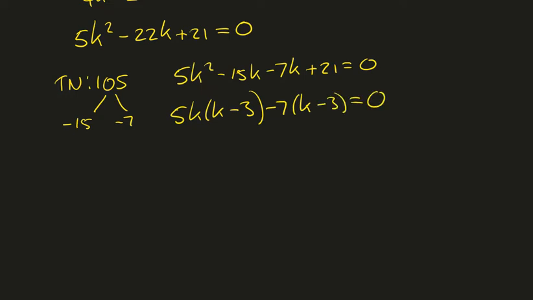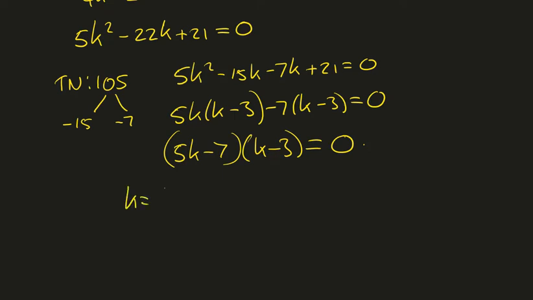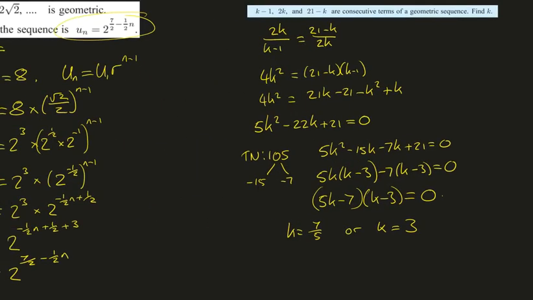So if I have 5k multiplying k minus 3 and minus 7 multiplying k minus 3, overall I have 5k minus 7 multiplying k minus 3. So that gives me two possible solutions. Either k is 7 over 5 or k is equal to 3. Okay, so there we are.